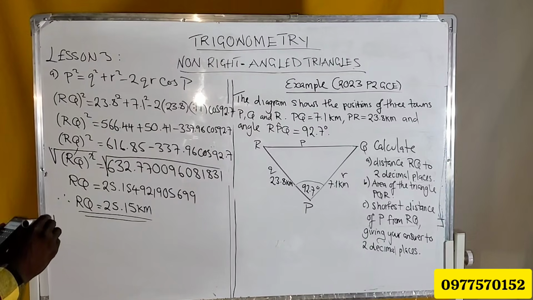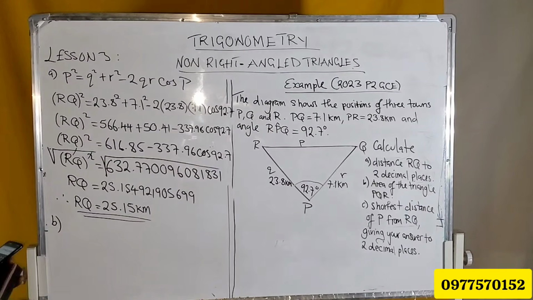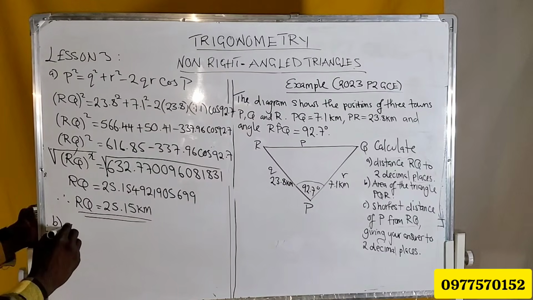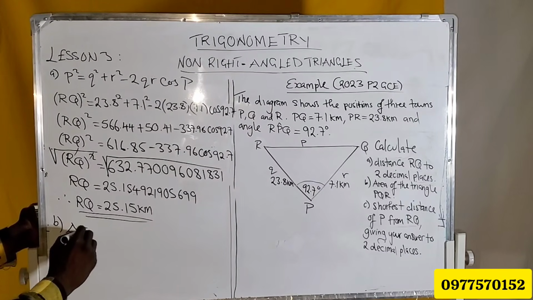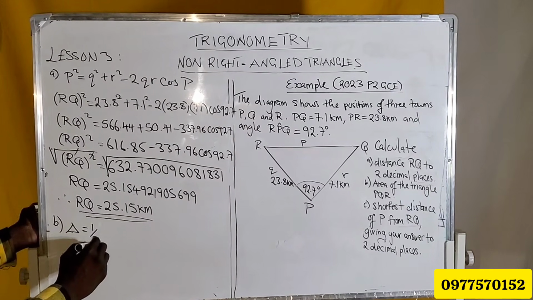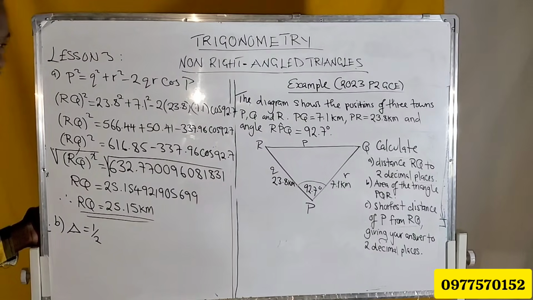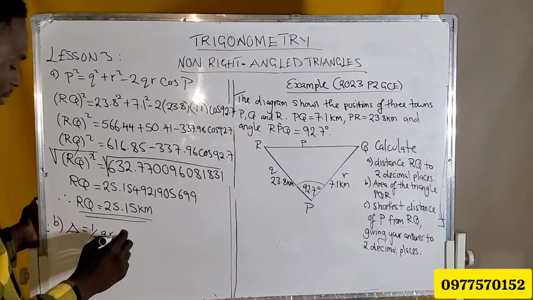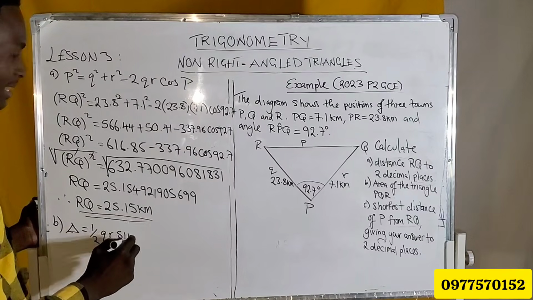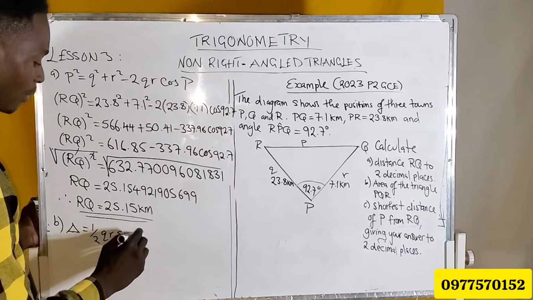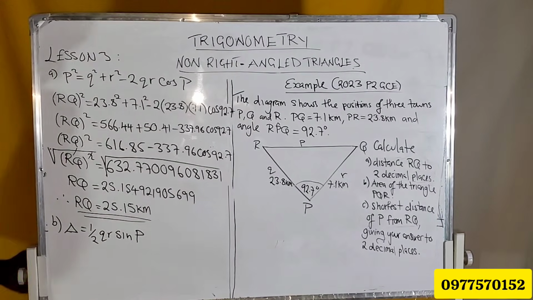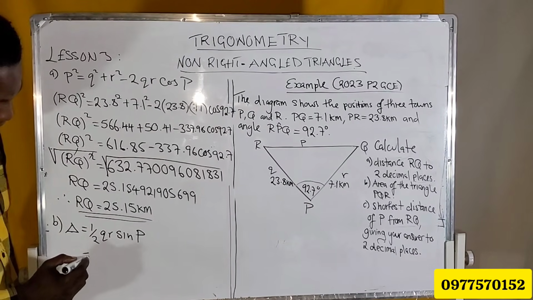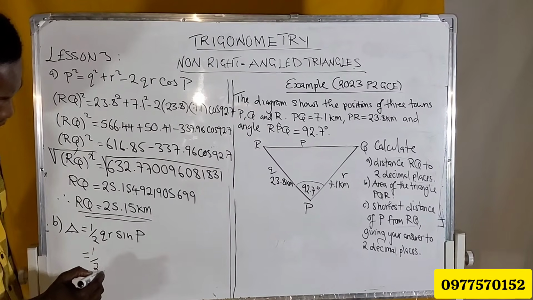So B. Okay. Remember area, what I told you, that it will be area, since the area of a triangle is equal to 1/2, then the 2 given sides, which is RQ. So here you can just write it, or QR or RQ, but sine the angle which is given here. This is angle P. You see, angle P. Therefore, this one will be area is equal to 1/2.